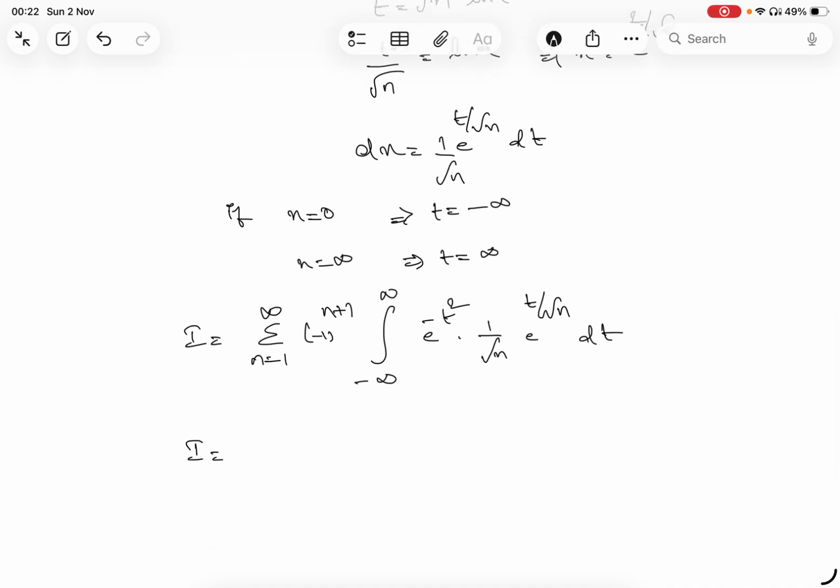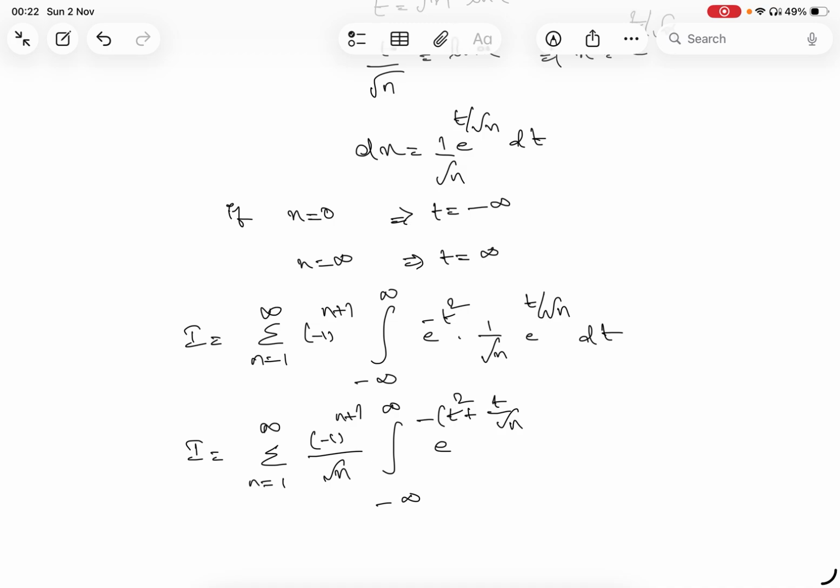So this will be I equal to summation n equal to 1 to infinity (-1)^(n+1) by, bring the root n part out of the integral, then this will be integral from minus infinity to infinity e power minus of t square plus t by root n, right? You can write it in the form of a plus b whole square.